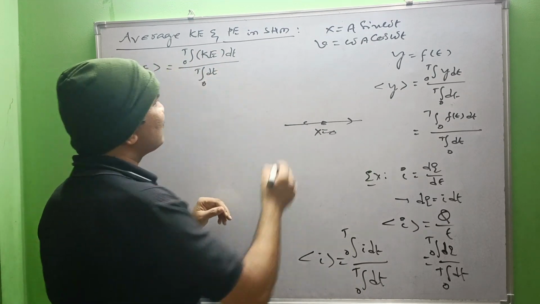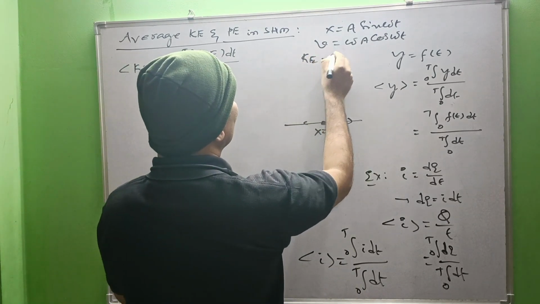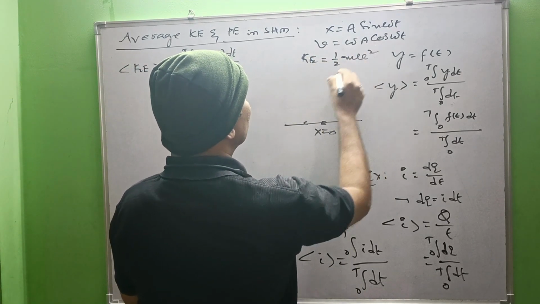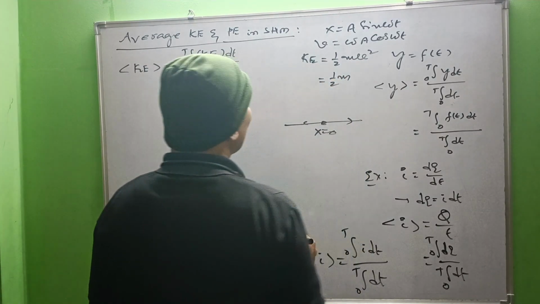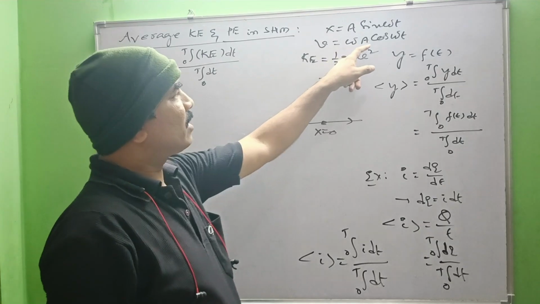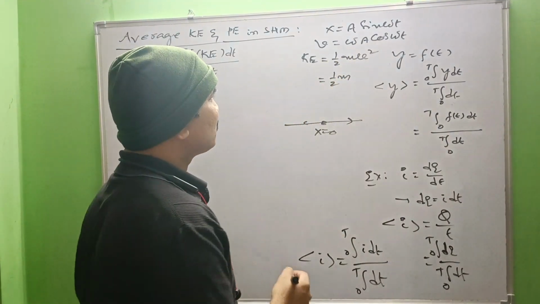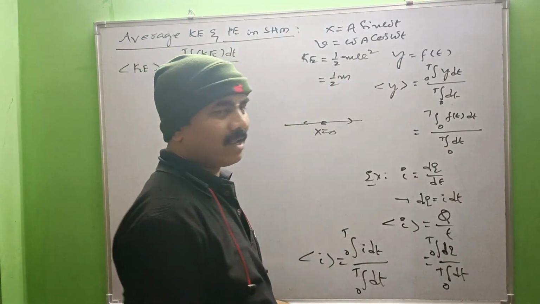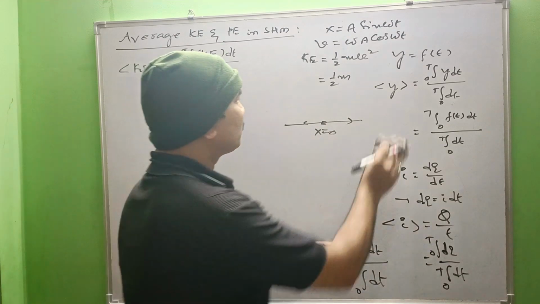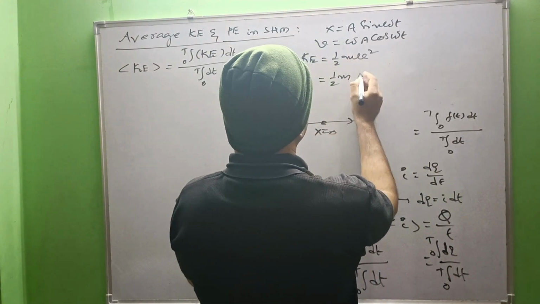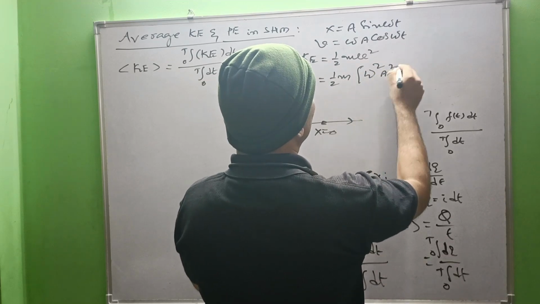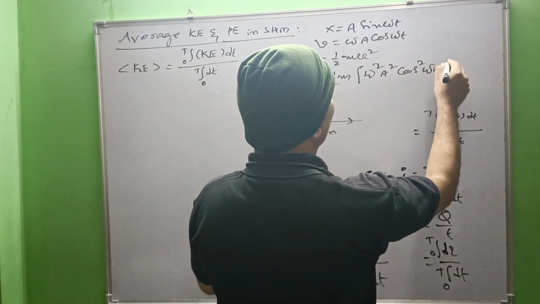Now kinetic energy K equal to half m v square, that is half into m into v square. v square means omega square a square cos square omega t.